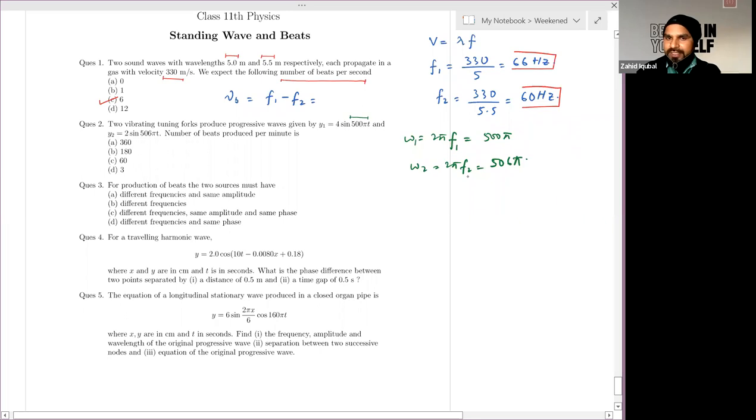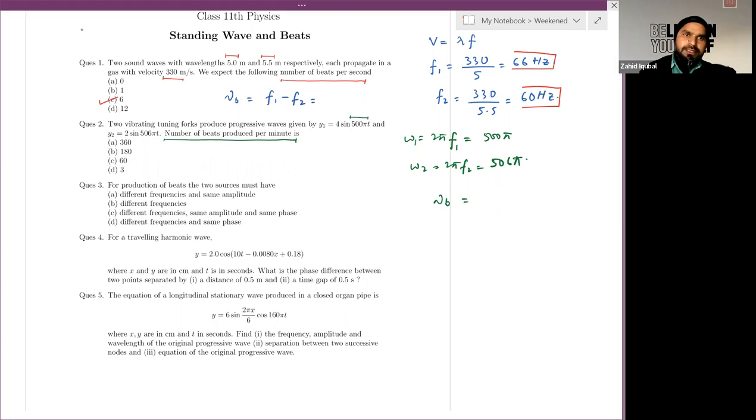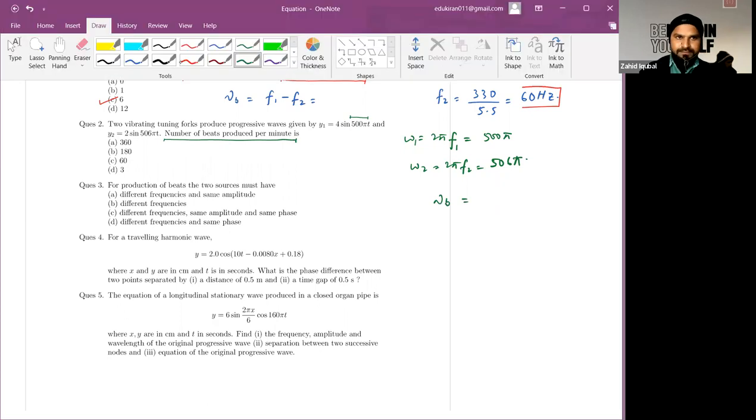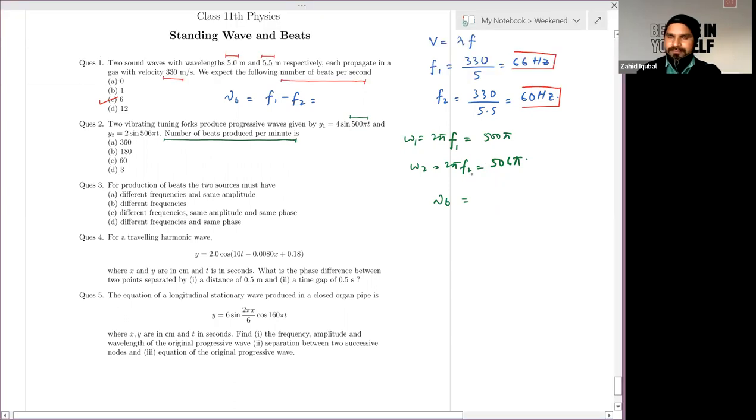Try to find f1 and f2 from these two parts, and we have to calculate beats per minute. It means calculate beats frequency and multiply it by 60 to convert it per minute. Try to solve. Calculate f1 and f2 and difference them. Just multiply them by 60, you'll get this answer.